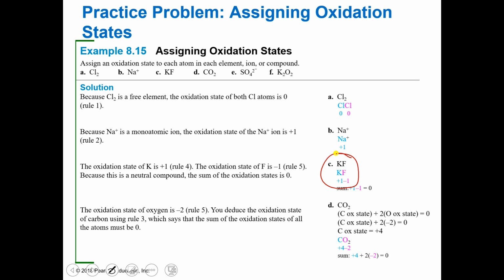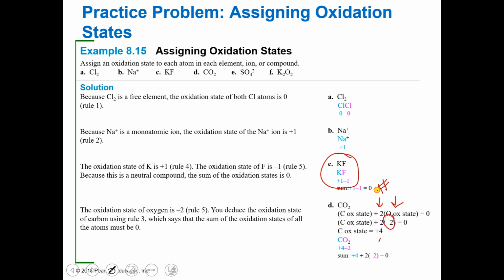CO2, same way, it all applies. So we have oxygen, which is always 2-, and there are 2 of them. We know that right from the chemical formula of CO2. The oxidation state of carbon, we have to figure out, but we do know that all of them must equal 0.